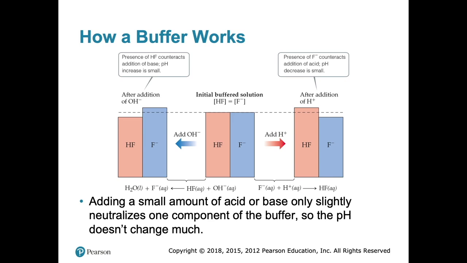Does that make sense? You have ions in solution that can either occupy protons or occupy hydroxides to maintain the pH in a buffer. So adding a small amount of acid or base will only slightly neutralize one component of the buffer, so the pH doesn't change much.